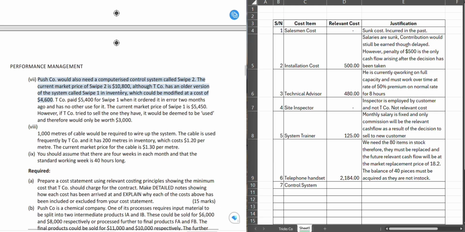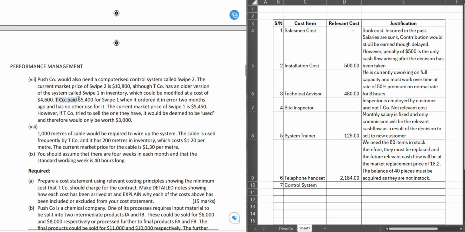We have Swipe 1, but we can't use Swipe 1 as it is. We need to modify it, maybe upgrade it so that it can give the same function as Swipe 2. In order to make it work like Swipe 2, we will have to spend $4,600, right? So which means we already have Swipe 1. Swipe 1 is sunk because it's sitting down for nothing, but this is going to be a new cost. But let's be looking at it.